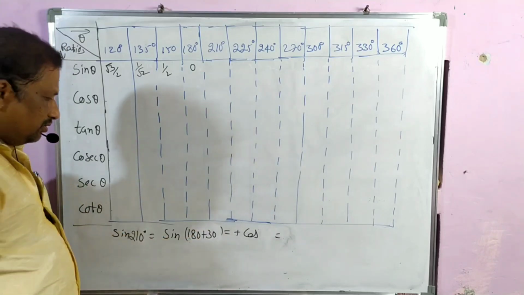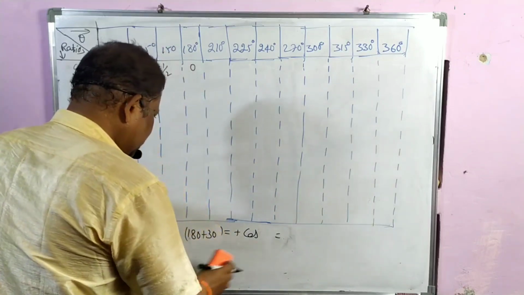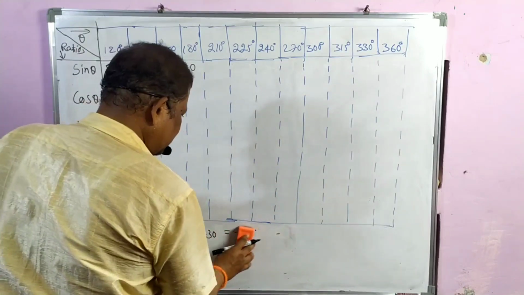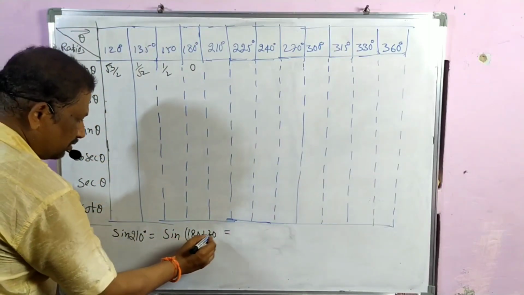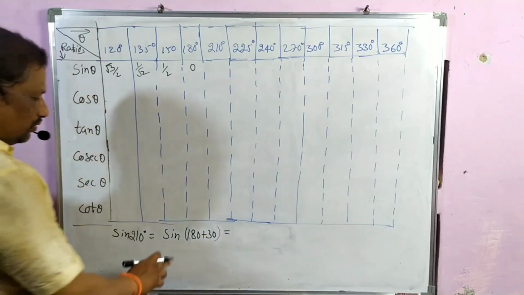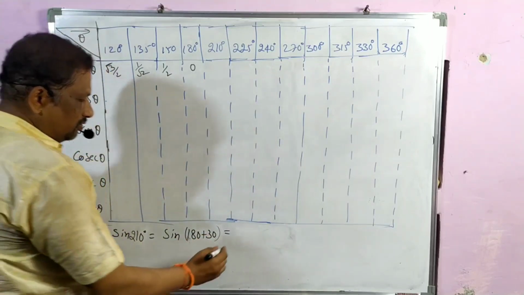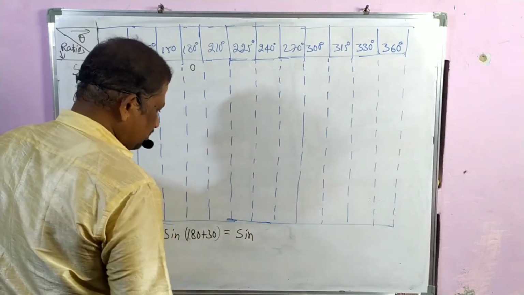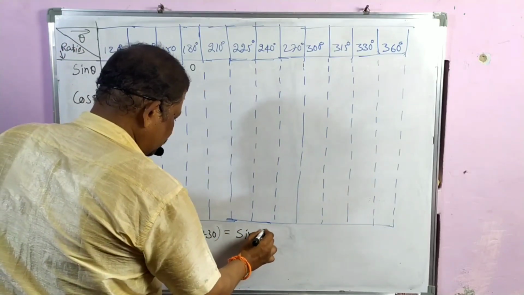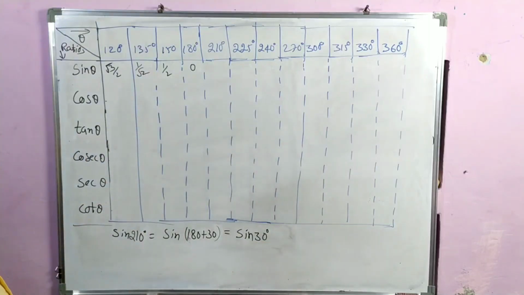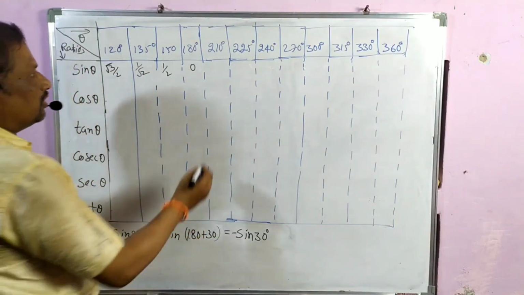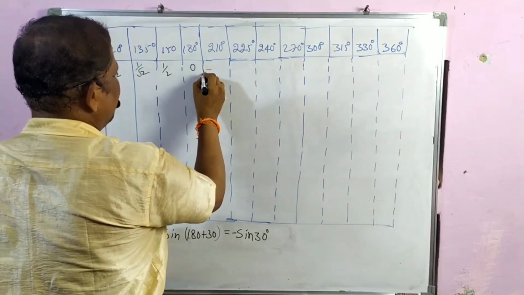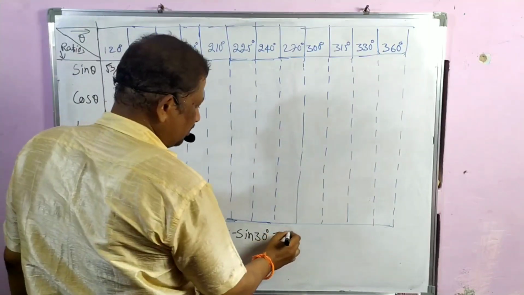The ratio does not change here because it is operating on the x-axis. So sine 180 plus theta, sine becomes sine only, sine 30 degrees. Which quadrant does it fall in? 180 plus theta means third quadrant. Is there sine in the third quadrant? No, so minus will come. Sine 30 is minus half.